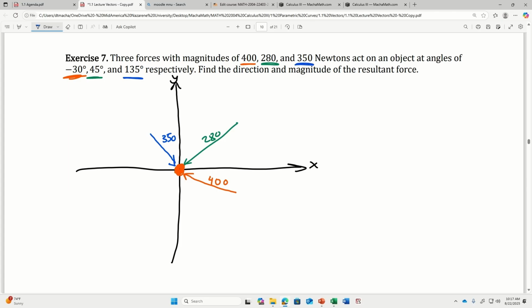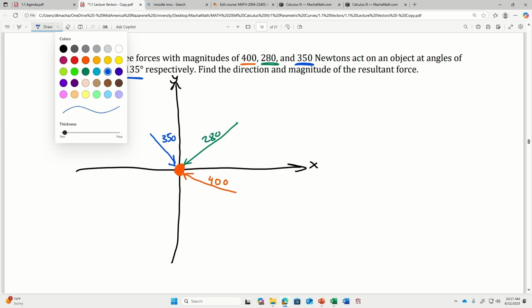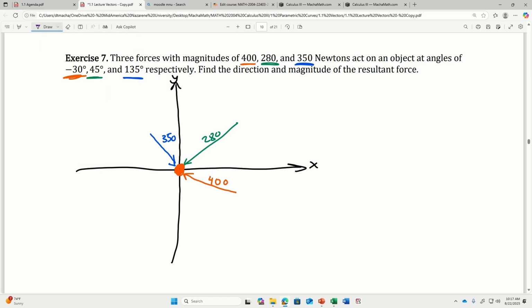So this problem is not a hard problem, but it is a long and annoying problem. I'm not a big fan. Here's how you do it. You first worry about the x component of the resultant force. In the x component, we're going to have 400 times something of negative 30 degrees.